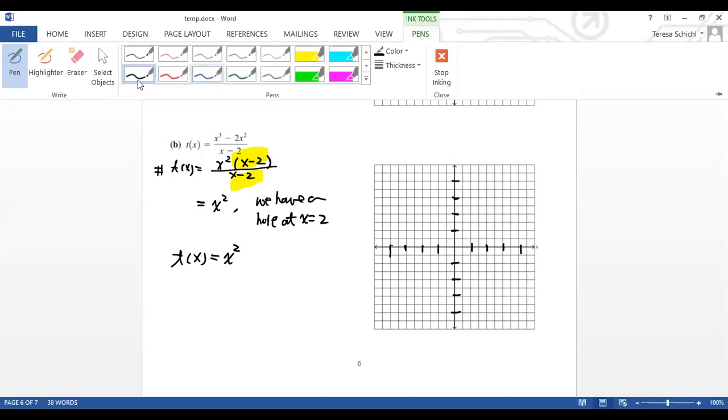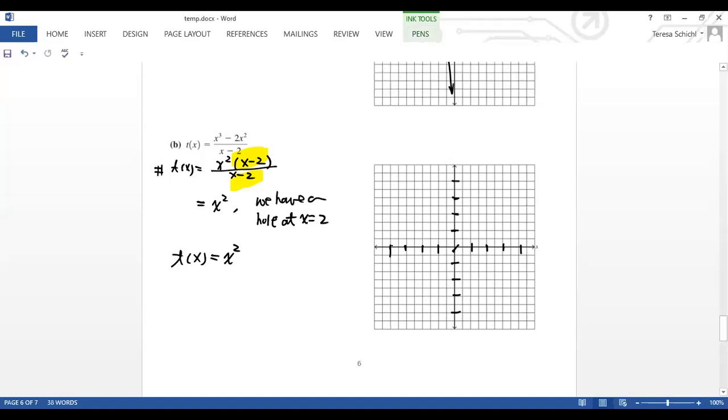So x equal to 0, I have the first point, 1, 1, 2, 4, 3, 9 is way up here. Then negative 1 is 1, negative 2 is 4, negative 3 is up here, right?